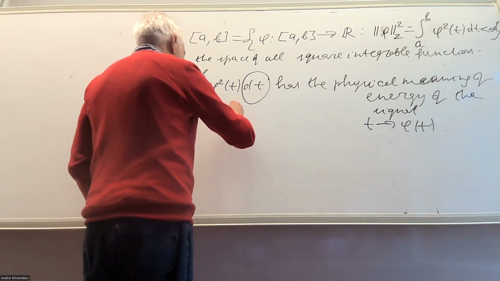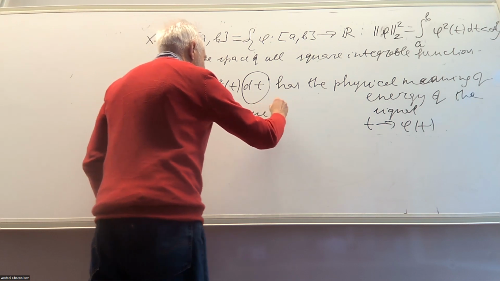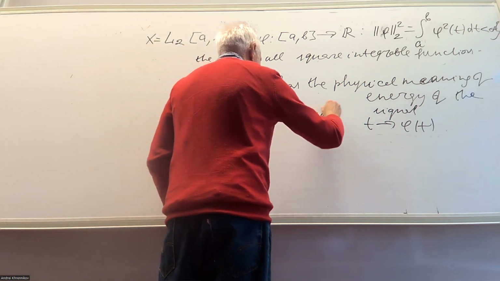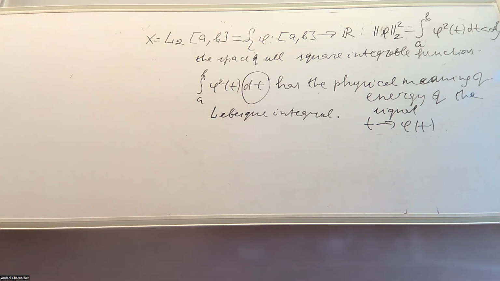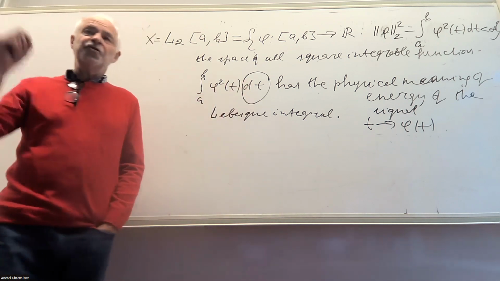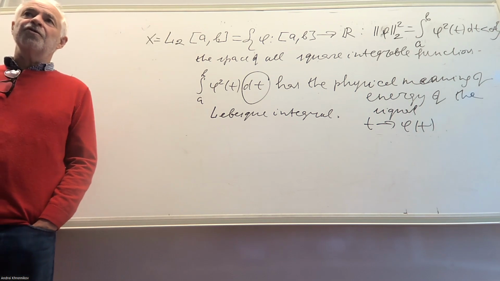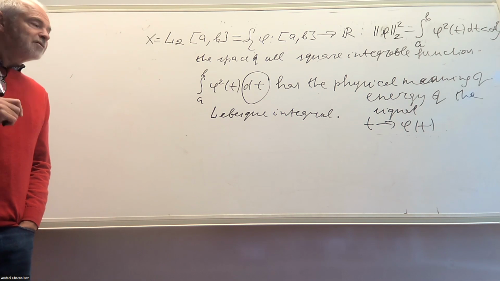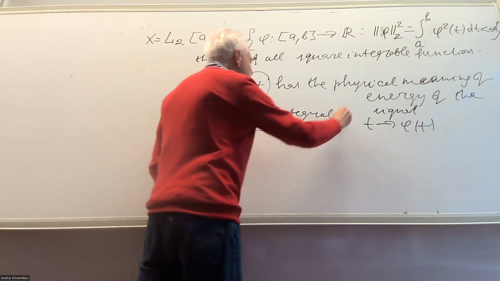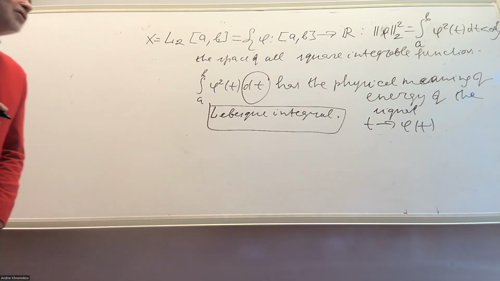This is a special course, integration theory. Lebesgue integral is much more difficult theoretically, but the properties are the same as the Riemann integral. So you can work with this dt as you worked with the Riemann integral. Don't be afraid, you will never get a wrong result. But on the real mathematical level, it is not so simple.